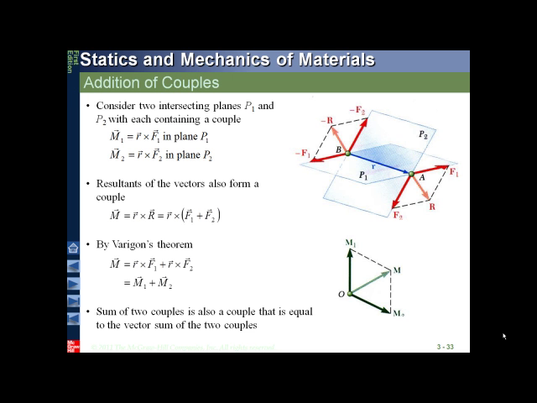But think about what we talked about earlier: if I want a cross product of vectors, what that actually forms is a parallelogram, and in this case, the resultant moment would simply be the addition of those two cross products.